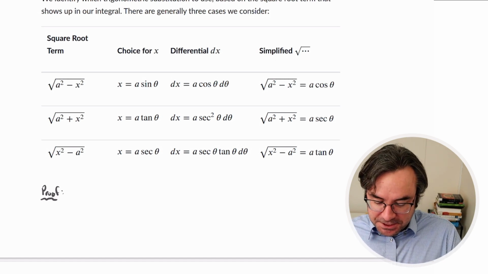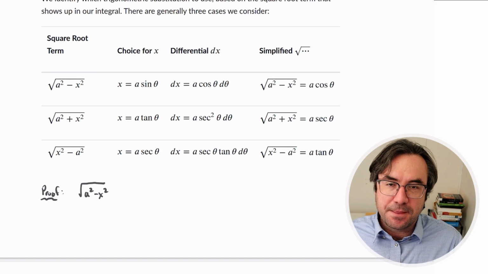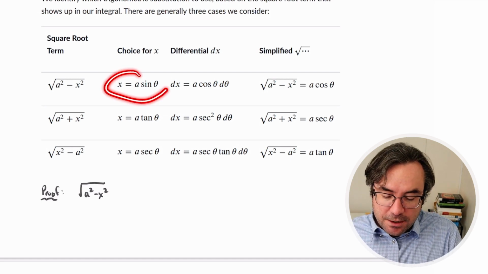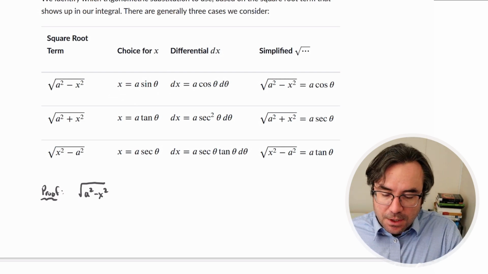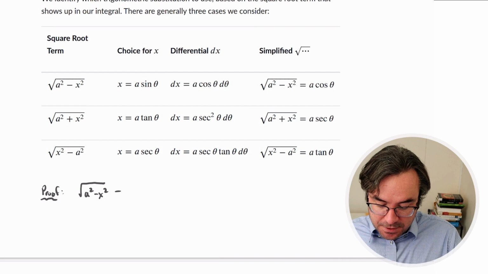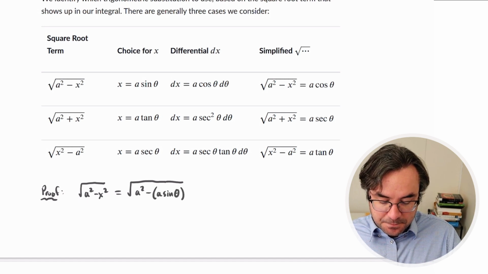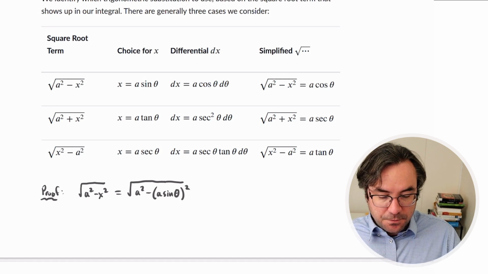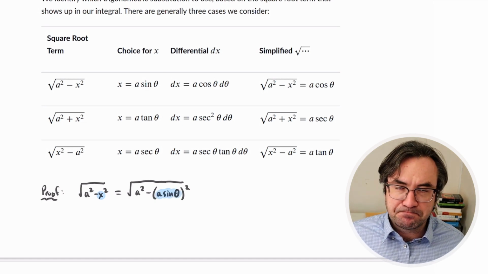All right, let's suppose that we're starting with the square root of a squared, again just a constant, minus x squared, and let's suppose that we're going to use this for our choice for x. Let's fill that in. Wherever we see an x, we're going to replace that with a times sine theta. We're just doing our trig substitution there.